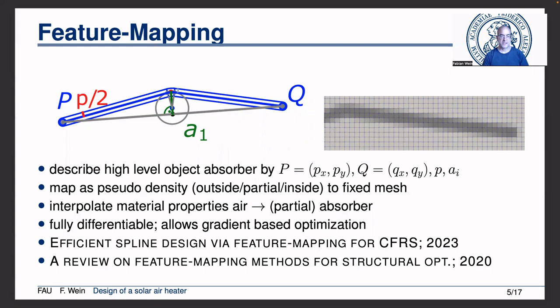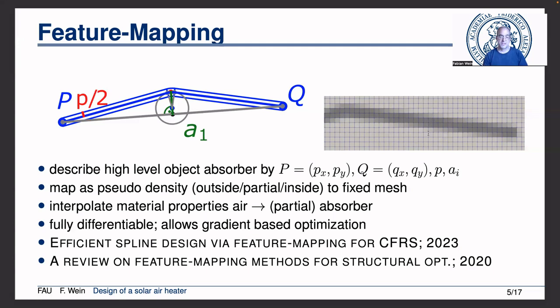This abstract high-level object is then projected by the feature mapping method onto a pseudo-density mesh on a fixed finite element or simulation mesh, where outside the absorber we have void, inside we have a defined material, and we also properly handle the stages in between, the partially overlapped elements.